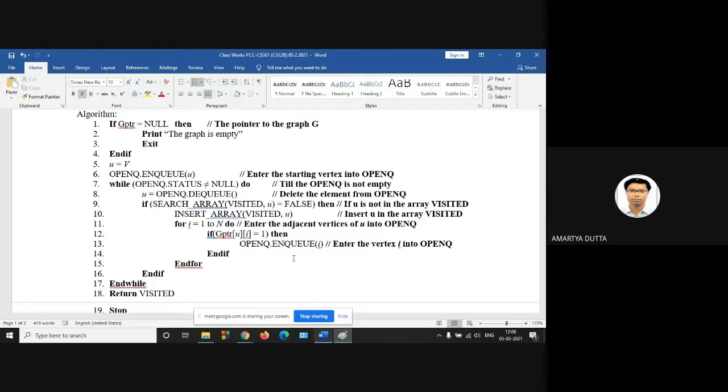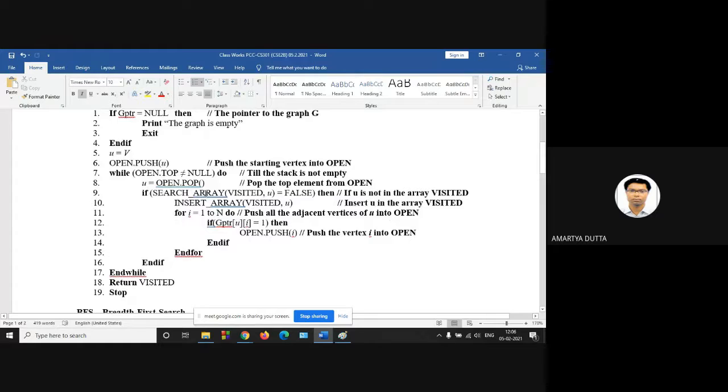Next P is inserted and then, unless and until your stack is empty, pop the topmost element and if your topmost element is not in your visited array then insert that particular top element in the array, and for i equal to 1 to n, if your top element's adjacent are 1 then push, and accordingly pop and search.